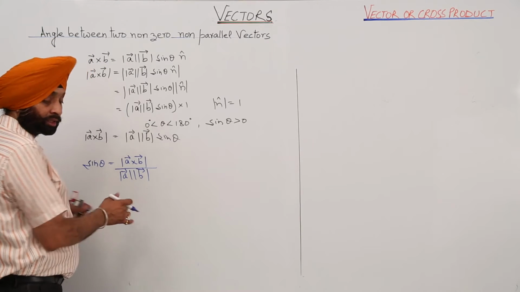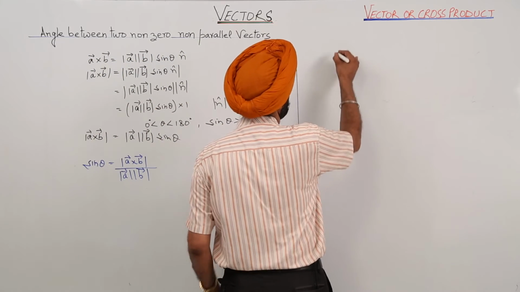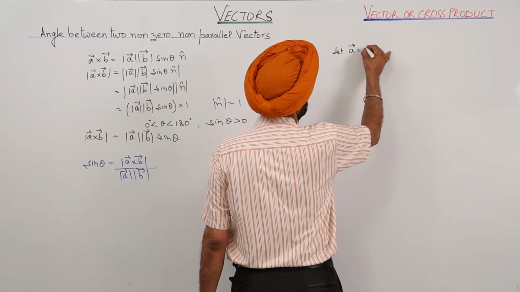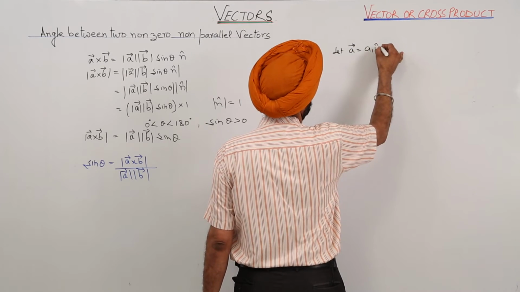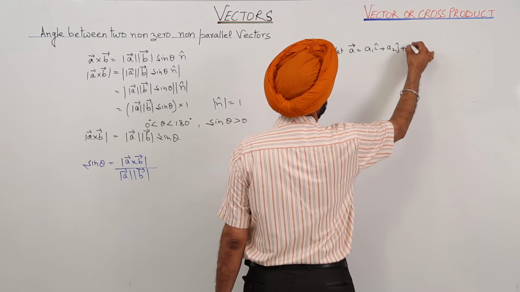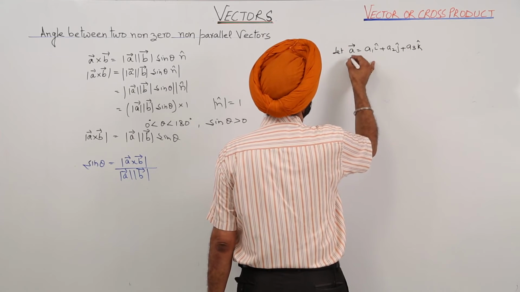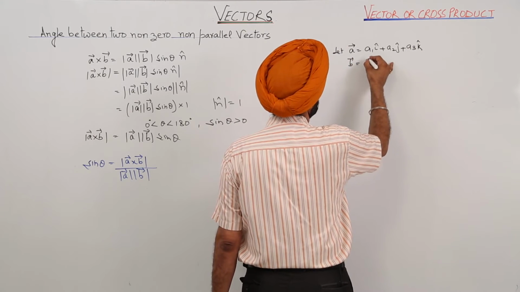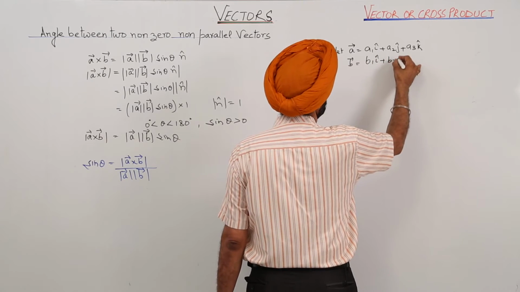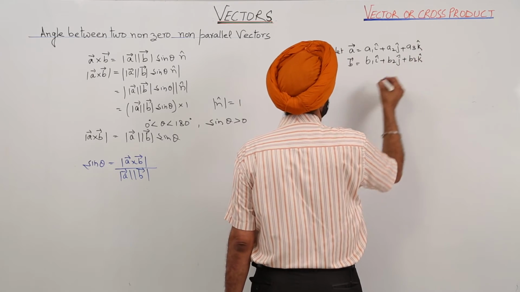One is this result. Now let vector A be equal to A1 i cap plus A2 j cap plus A3 k cap and vector B be equal to B1 i cap plus B2 j cap plus B3 k cap.